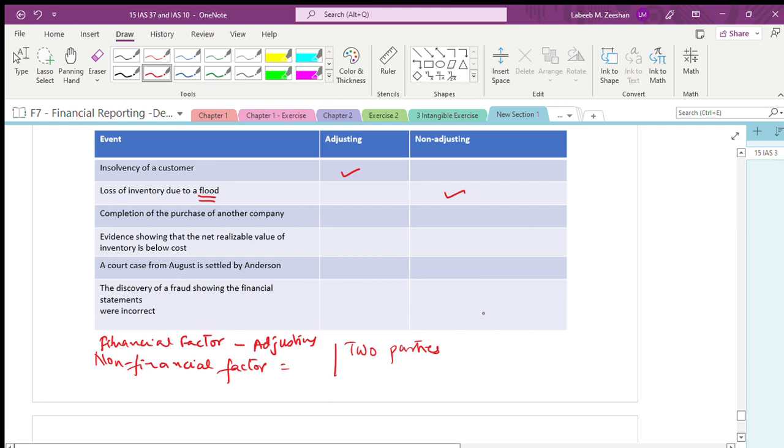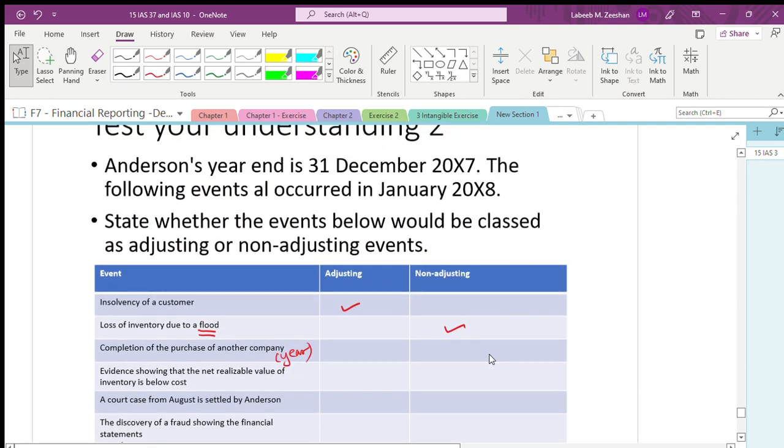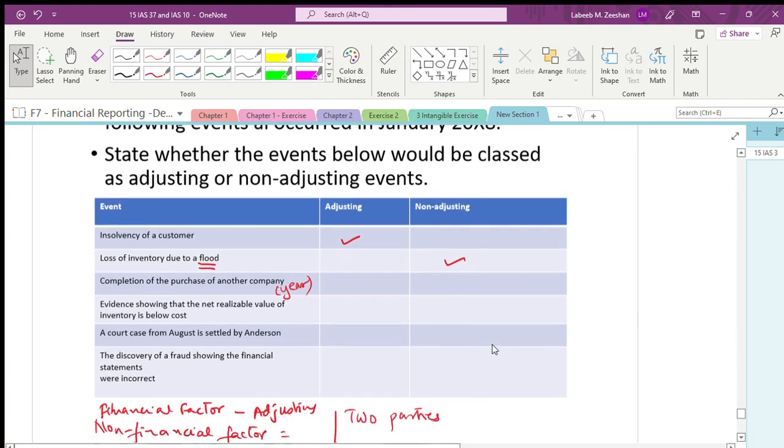Completion of the purchase of another company. Definitely, we have to think in terms of year. What they are asking us is, as on 31st December, the following events occurred in January 2008. Do we have to do the things or not? If the things can be carried forward, you should not do it. If it is not carried forward, we have to be very particular.